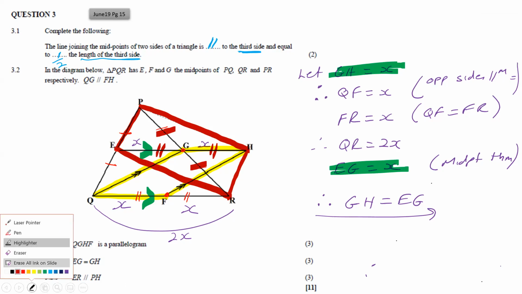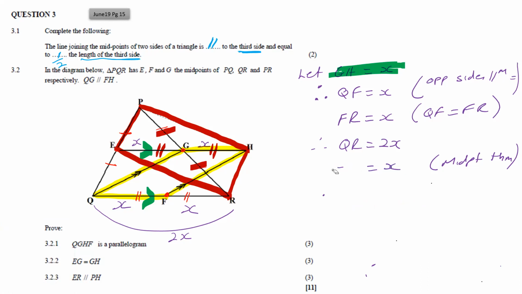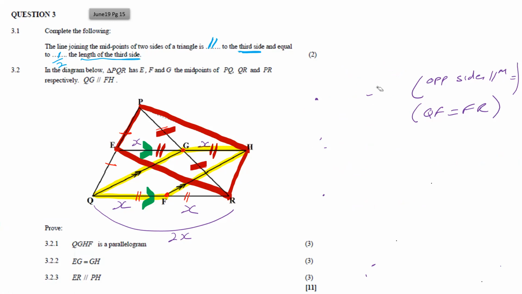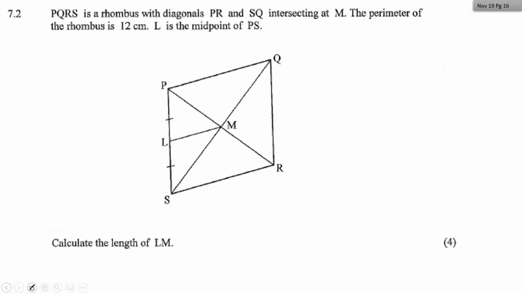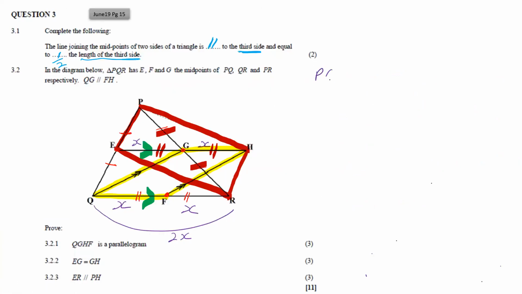So I'm just going to erase my board so we can actually write that out. Okay, so exactly what I've highlighted for you in the diagram, I'm going to now write it out. We're going to start off by saying that PG is actually equal to GR, and the reason for that is it's given.